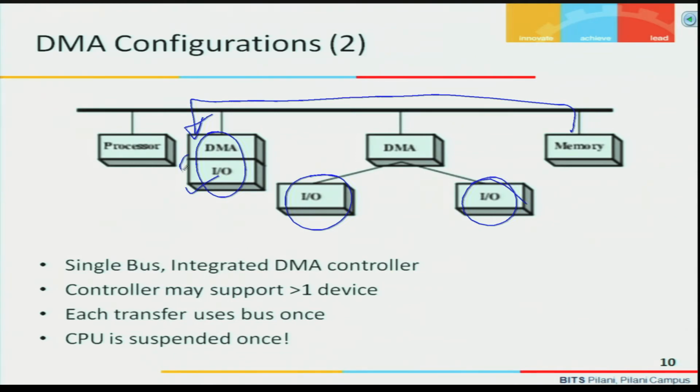From DMA to IO transfer, there is no bus requirement. So the CPU will be suspended only once from accessing the buses. This configuration is better in terms of CPU suspension: only once, compared to twice in the earlier configuration.